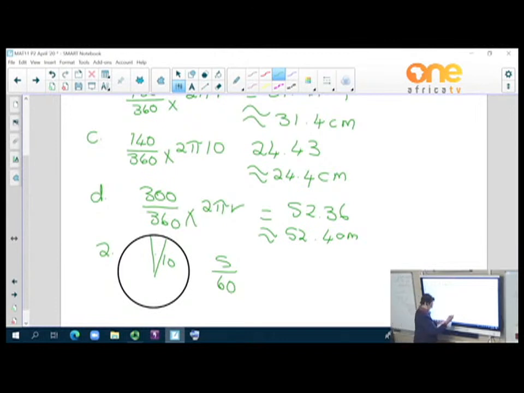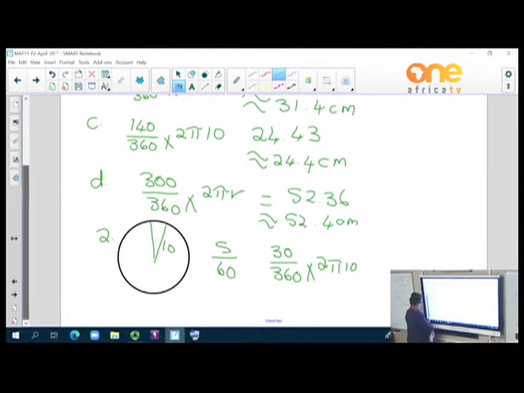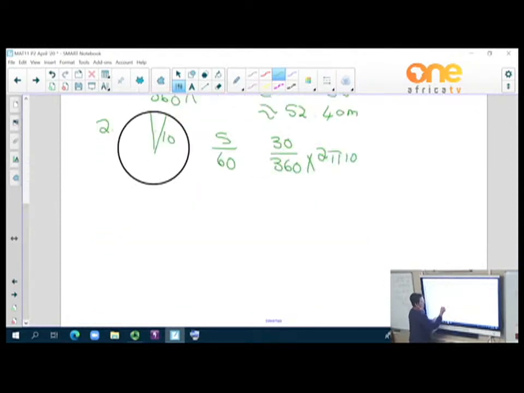So it's then 30 out of 360 of 2 pi 10, the radius is still 10, and then what is this one's, 5.2359, which is 5.24. It rounds off to 5.24 centimeters. Okay, so that's now the basic thing. Everything is with this one formula today.